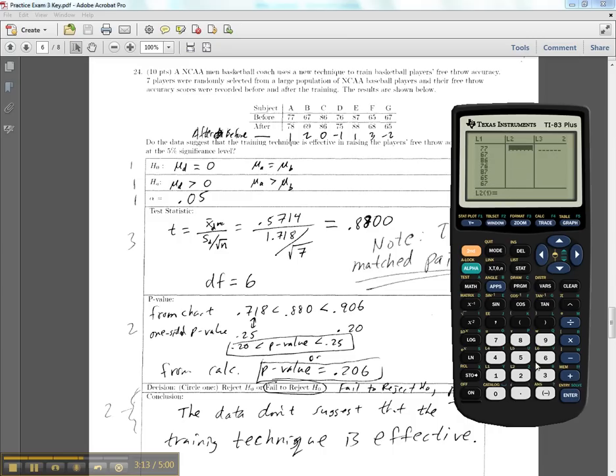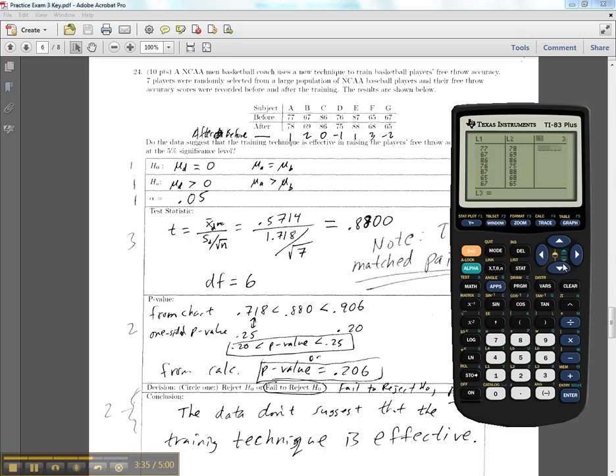And then in list 2, we go 78, 69, 86, 75, 88, 68, 65.